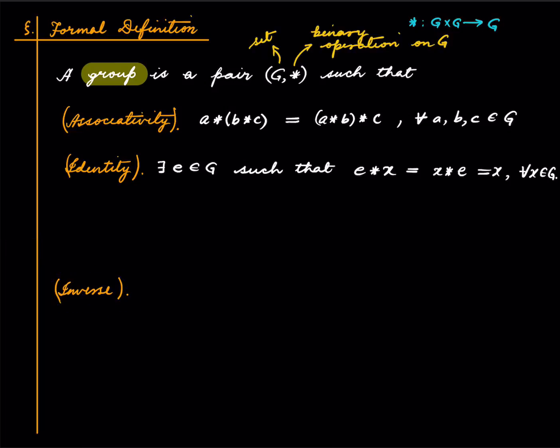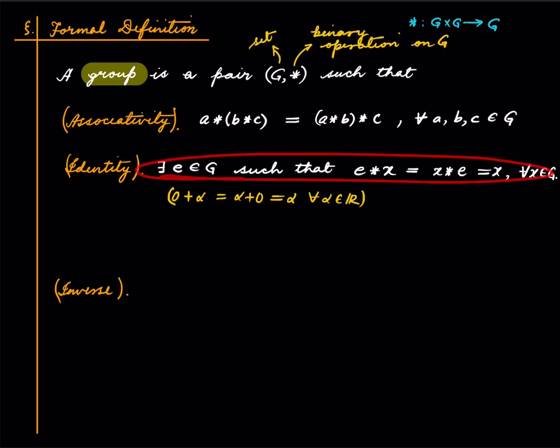In real numbers, 0 plus whatever real number you want, alpha, equals alpha plus 0 equals alpha for all alpha in R. So this kind of abstracts that particular thing out.